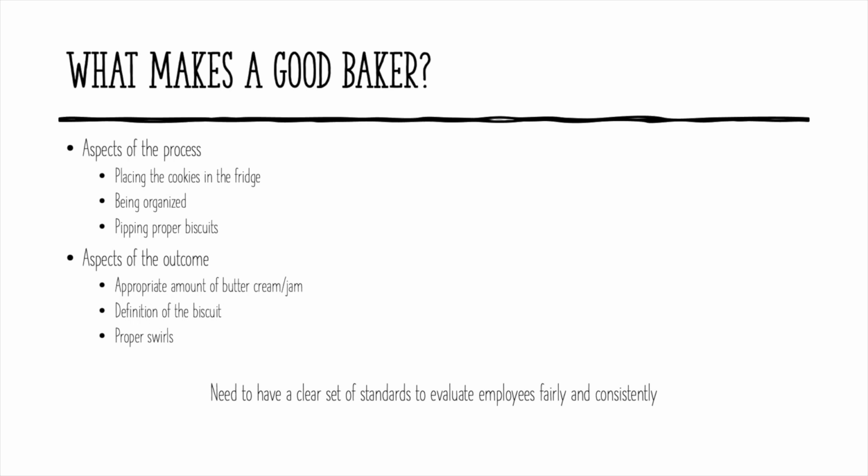So if you wrote down anything dealing with the process, that's still good. That just wasn't the criterion in this case. You can have these sets of standards about how things get done as well, and that could be performance criteria. But in this case, the only criteria that they were looking for was the quality of the cookie or biscuit, whatever you call them, at the very end.